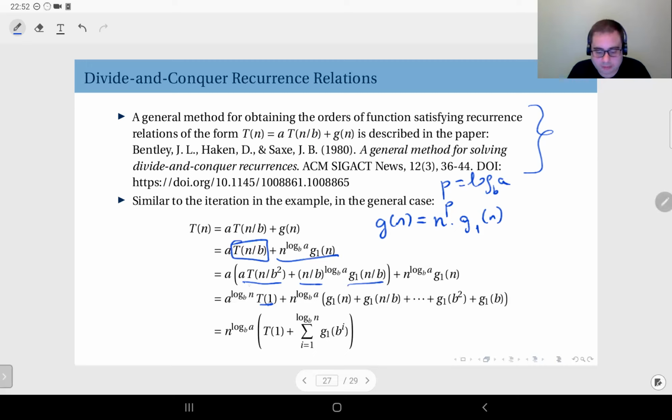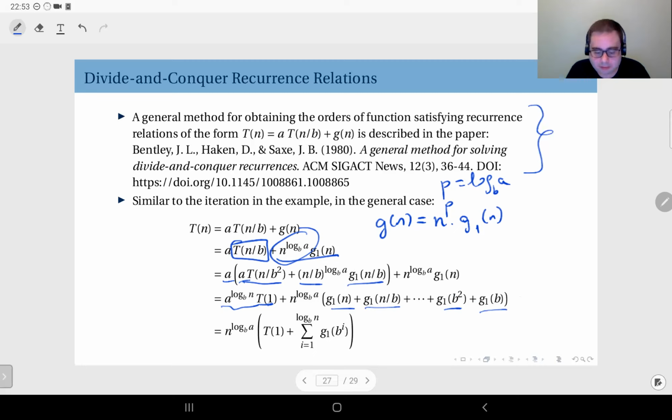What you will have here is a times a times a, etc. To reach n divided by n, I need log_b(n) steps. So that gives me a to the power log_b(n) times T(1) plus n to the power log_b(a) multiplied by this sum: g1(n), g1(n/b), g1(n/b^2), g1(n/b^3), etc., down to g1(b^3), g1(b^2), and finally g1(b).